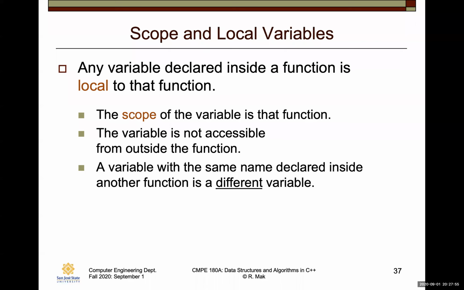Yes. Okay. Now function A could have local variables, and function B can have local variables. And the fact that one function is calling the other function doesn't affect the scope.